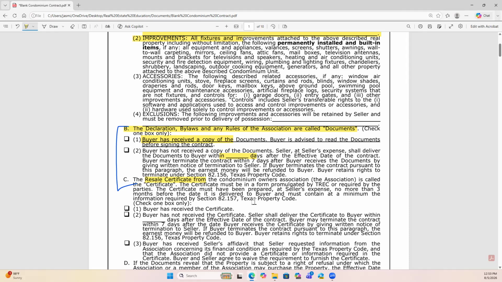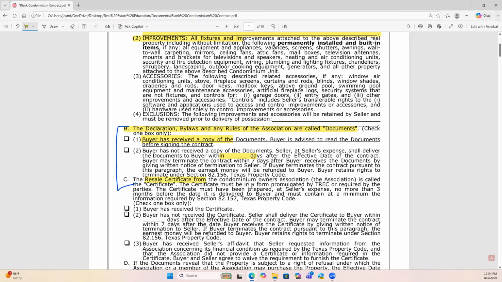That's something totally different. The resale certificate is going to break down any HOA requirements, mandatory fees and association fees, all that information. The documents, the rules, bylaws, declarations are things like you cannot paint your house pink. The garbage cans cannot stand in front of the house.